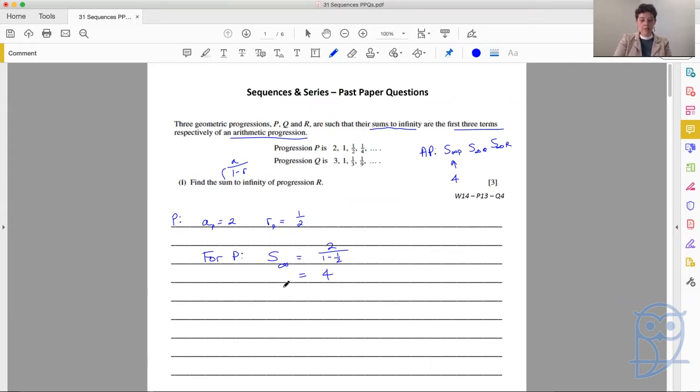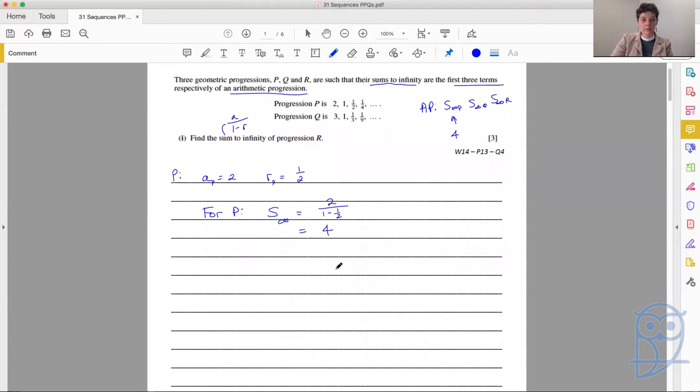So now we do the same thing for Q. For Q, we have A of Q equals 3. R of Q equals 1 over 3. So for Q, sum to infinity equals 3 over 1 minus a third, which is going to give us 9 over 2.